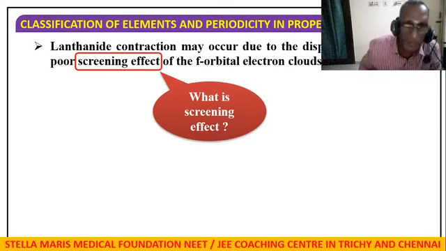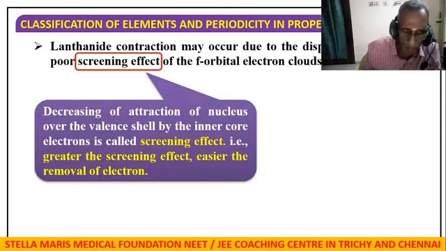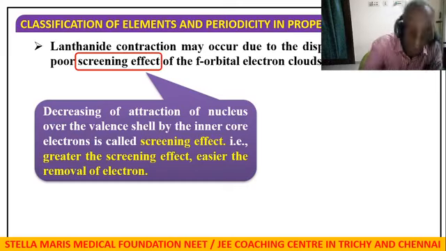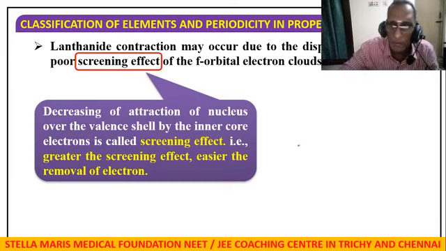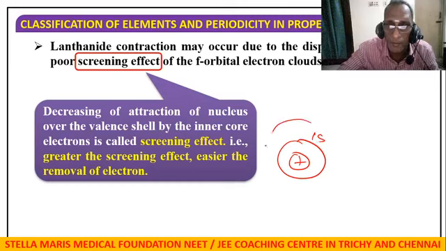What is meant by screening effect? Already we have told this term. Everybody note: screening effect is the decreased attraction of the nucleus over the valence shell electron by the inner core. What is meant by this? Everybody listen. So nucleus, then 1s, then 2s, like that.